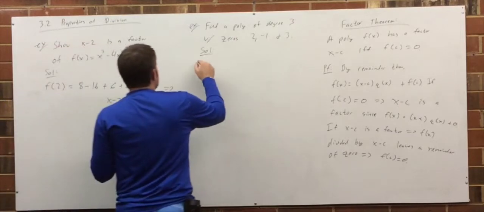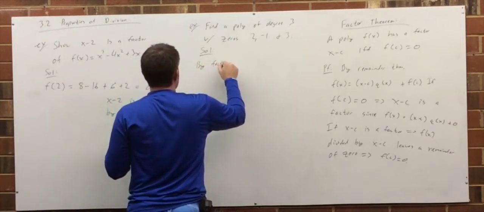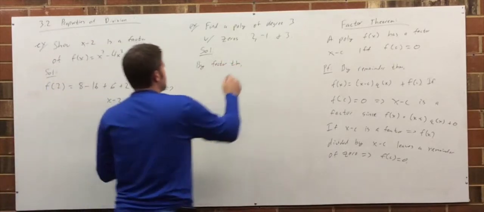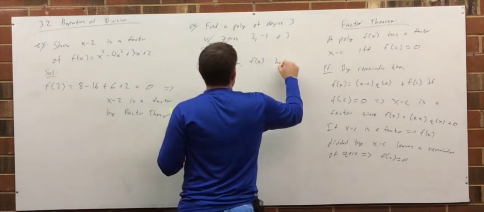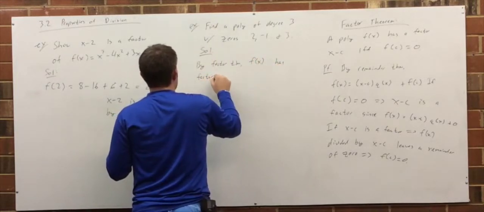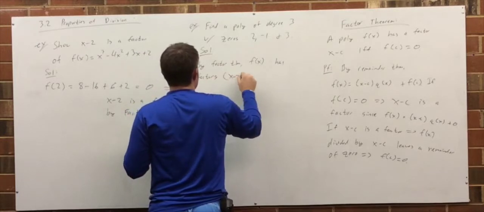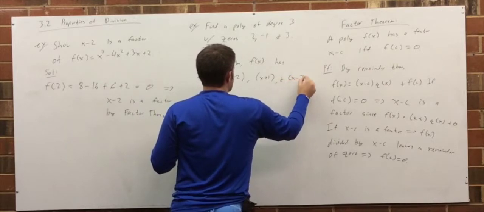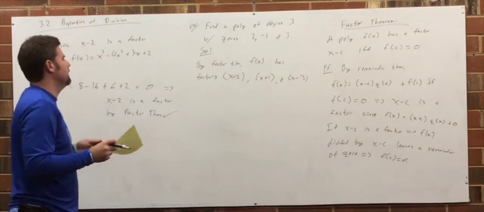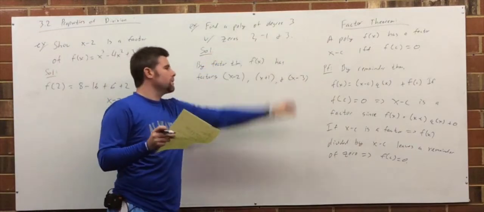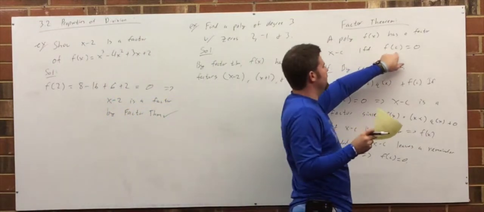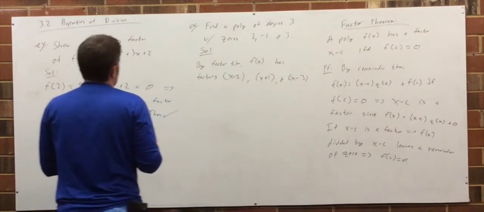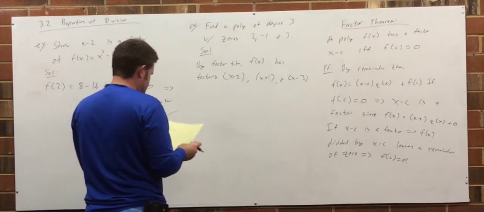Well, by the factor theorem, f of x has factors x minus 2, x plus 1, and x minus 3. Well, how do we know that? Well, we're told these are zeros, which means if I plug them into the function, I should get a 0. So we know these three are factors of f of x.